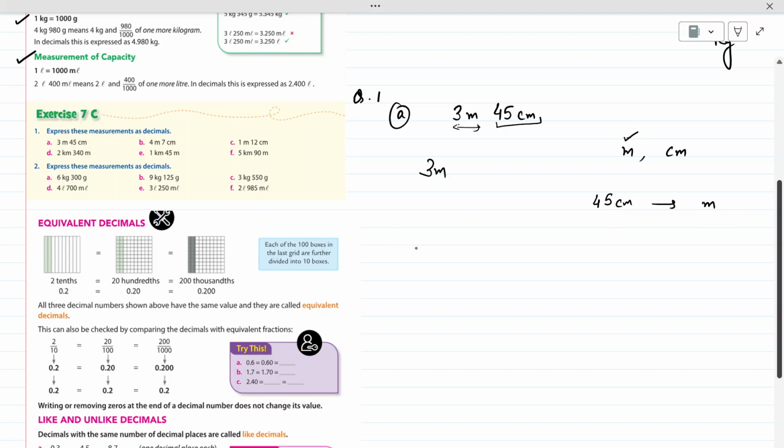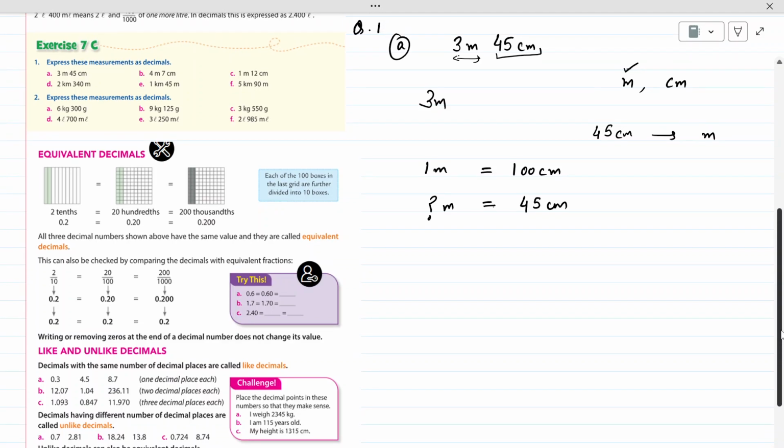So kids, we know that 1 meter is equal to 100 centimeters. And what is required here is we have to find that 45 centimeters would be equivalent to how many meters. As we have learned the concept of cross multiply, we are going to use the same.